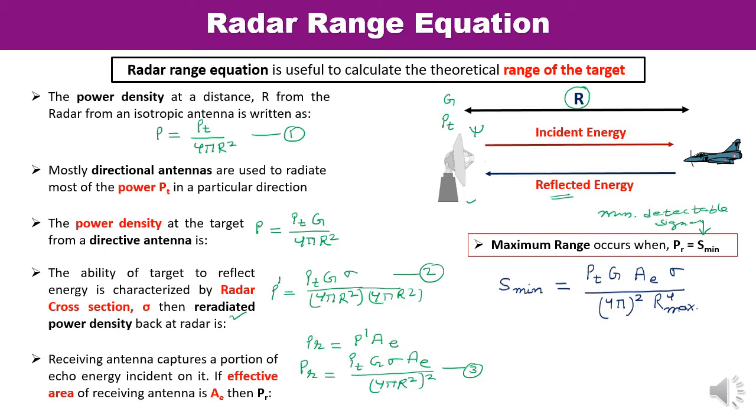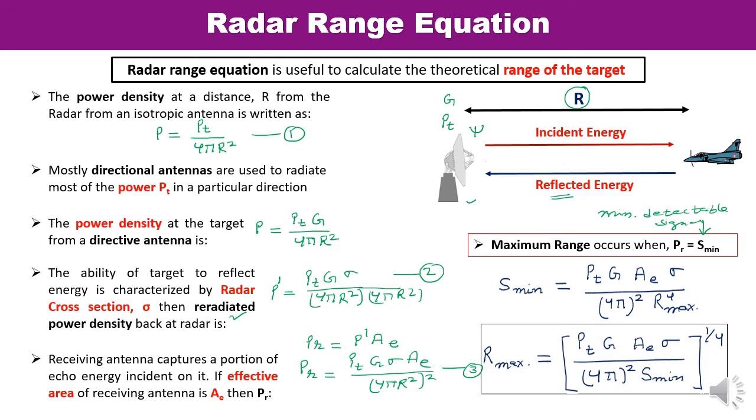S minimum is equal to PTG sigma AE upon 4 pi square R raised to the power 4, and here this range is maximum. You can rearrange the terms from this equation and calculate R max. So R max to the power 4 we are getting as PTG AE sigma upon 4 pi square S minimum.